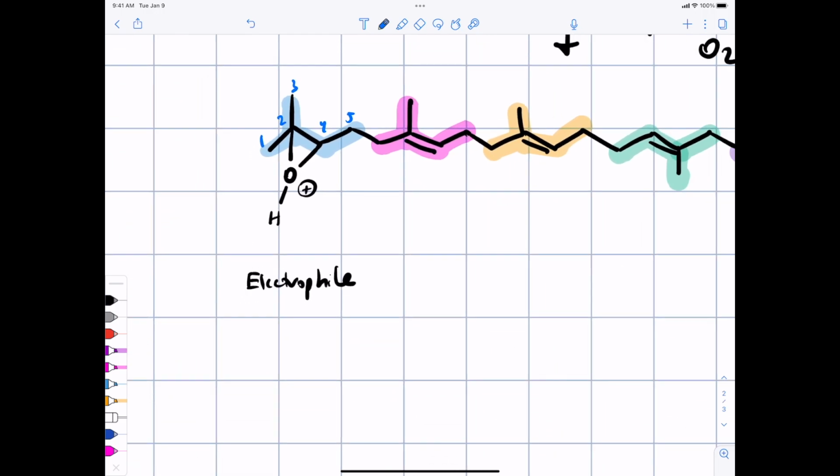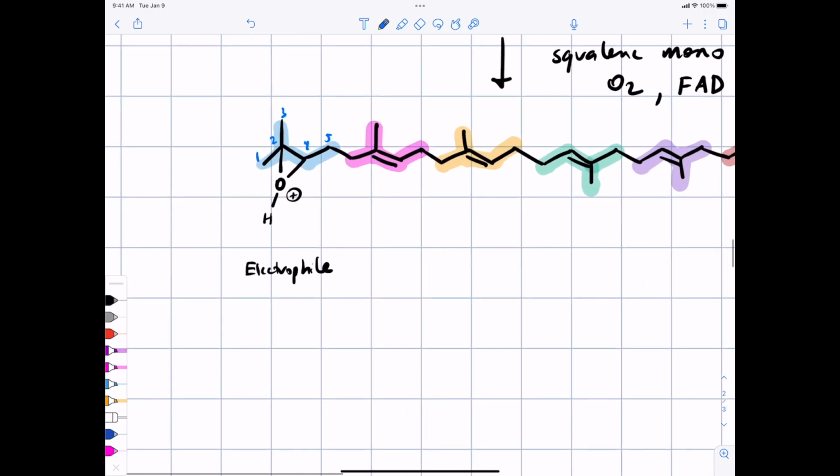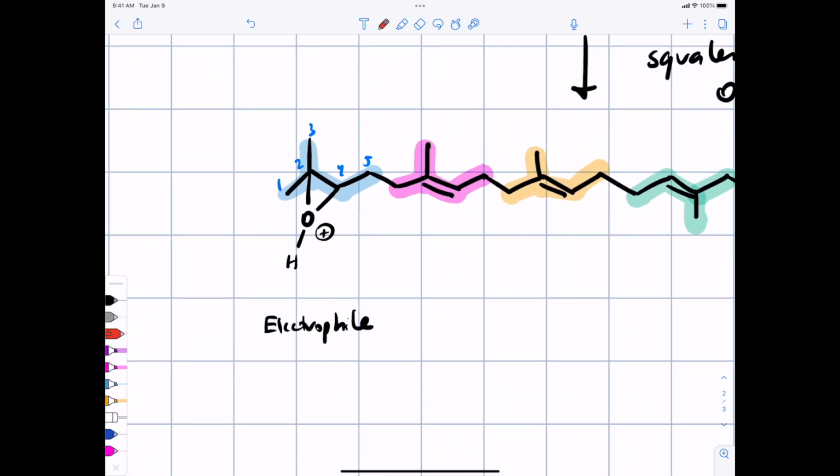All right, so I'm going to use a red circle for the electrophilic hotspot for this molecule. Now, we've got a nucleophile. How many bonds away? Well, 1, 2, 3, 4, 5. 1, 2, 3, 4, 5, 6.